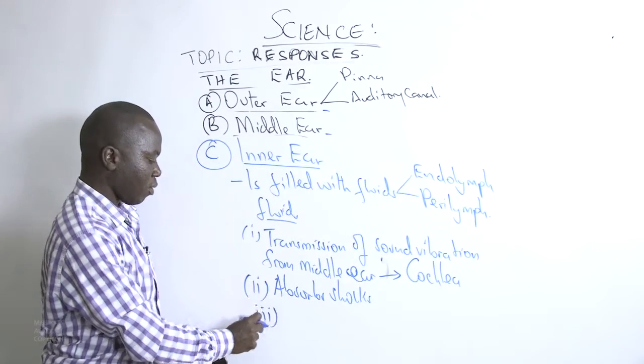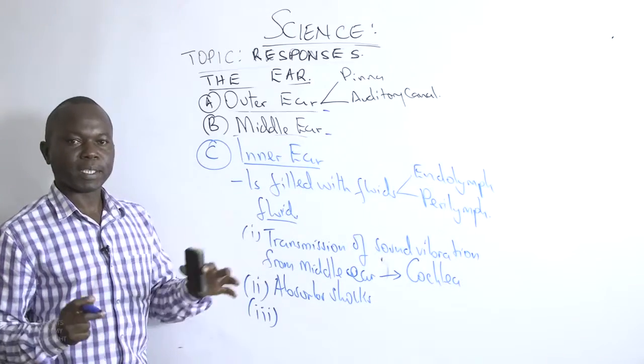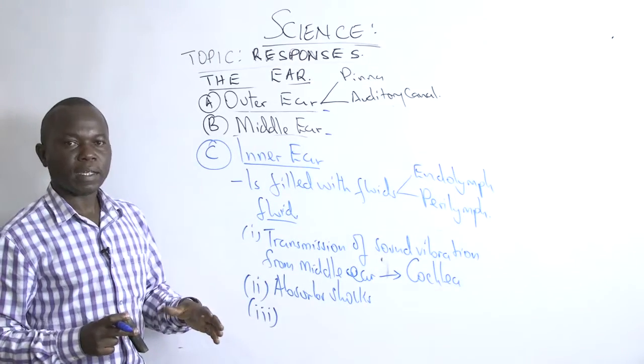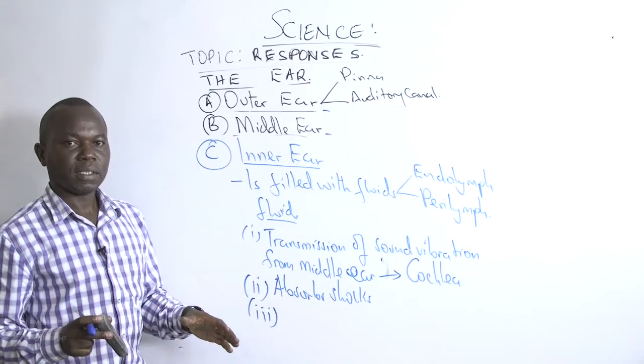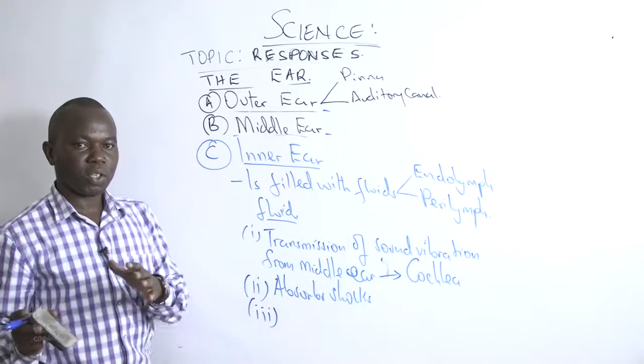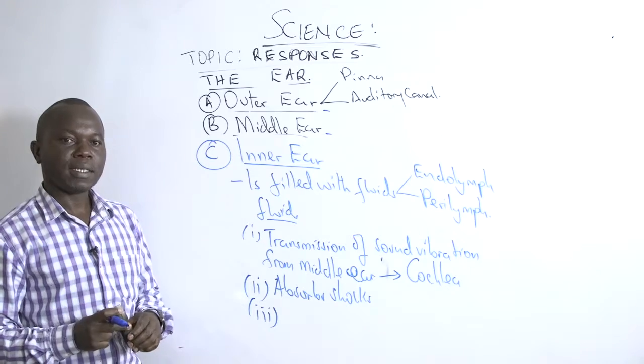And then another role, when these fluids are displaced in the inner ear, as we are going to look at in the structures, it's going to restore body posture and balance.